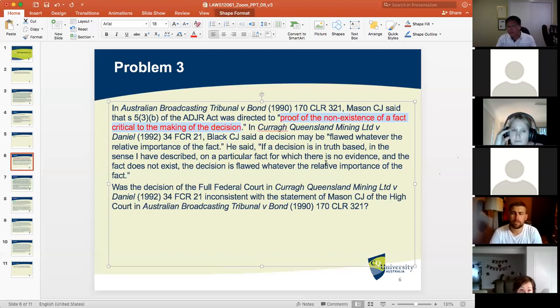So in other words, when you apply for a job, they're just going to look at your CV, they probably look you up on the internet, and they see, oh, this person has done this and that. Then they make a decision. Was there a breach of natural justice? No, right? Because you don't have a right. And in fact, you can say that there was no evidence maybe to support a decision. So they're not always related. So can a finding of fact be made even if the respondent has not been given an opportunity to be heard? The answer is yes.